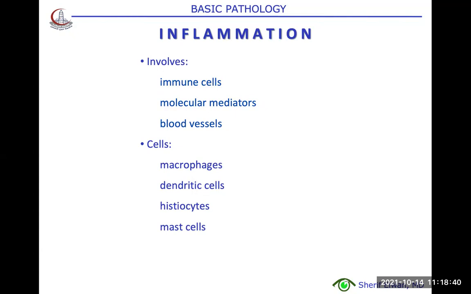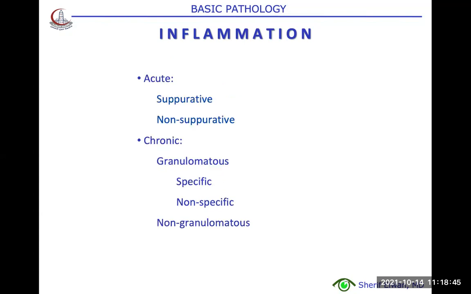And for purposes of a clinical approach, we divide inflammation into acute or chronic. This is on the basis of the clinical presentation. Acute inflammation might be suppurative, where pus is formed, or non-suppurative, where no pus forms, or might be chronic as granulomatous or non-granulomatous. Granulomatous might be specific and non-specific.